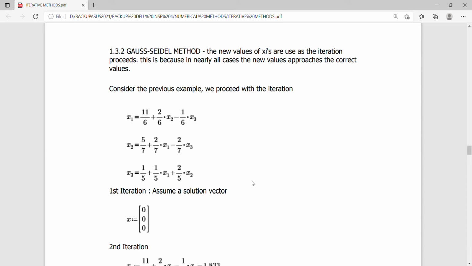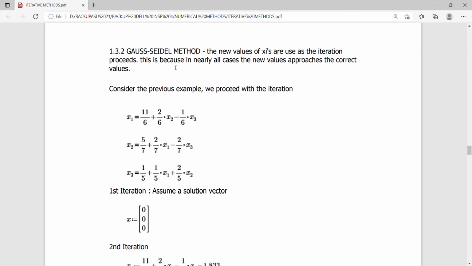Meaning to say that if we are dealing with a cycle, as soon as the first variable is updated, we can use that most recent update to substitute it into the next equation in that cycle. So the speed of convergence will now be faster than what is being done by the Gauss-Jacobi or the Jacobi iteration.